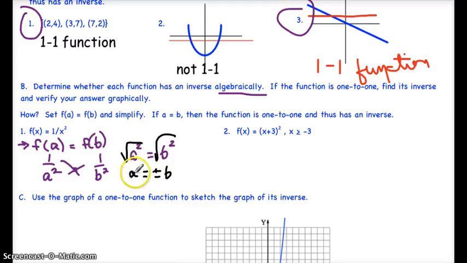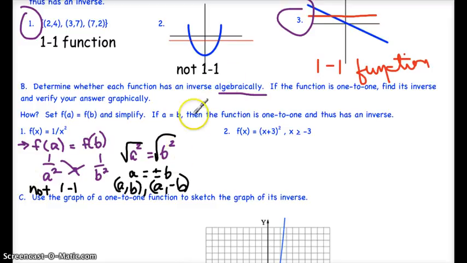So if a is my x and b is my y, I have an ordered pair of a, b, and an ordered pair of a, negative b. Well, the a repeats itself. Therefore, this is not a one-to-one function.